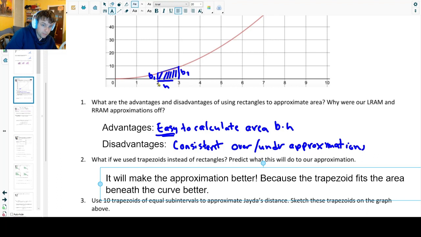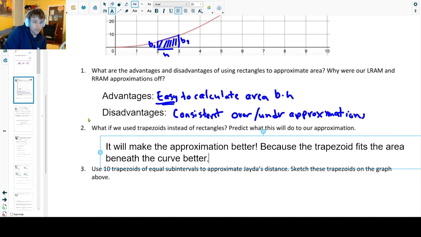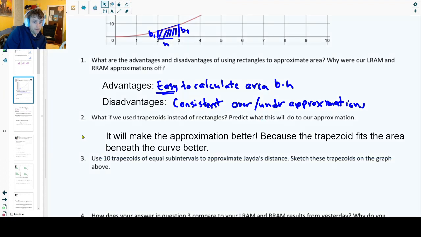Pretty simple, right? This fits the area under the curve better, so this is going to be a better approximation. Alrighty, let's go ahead and keep moving on.